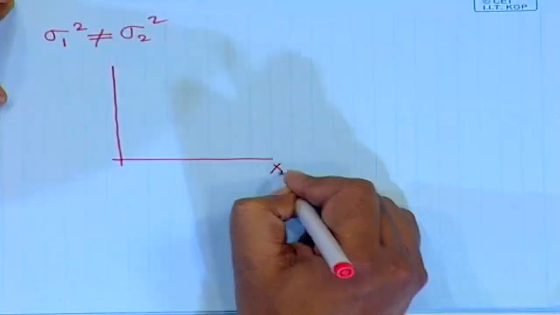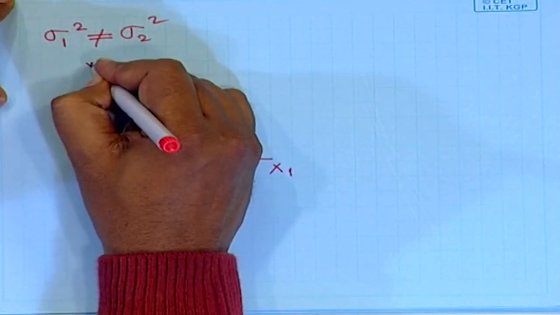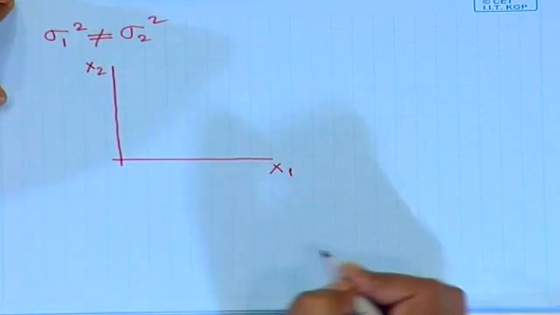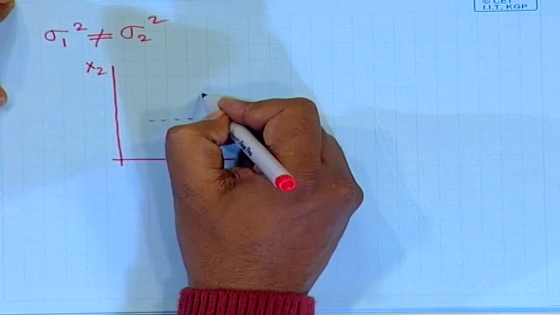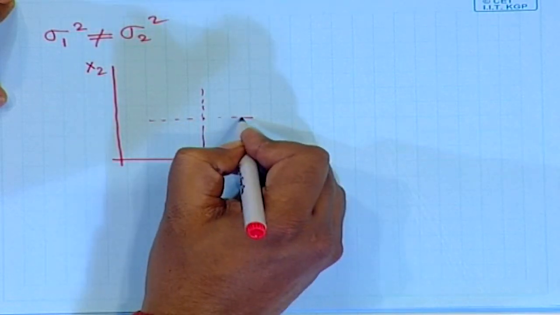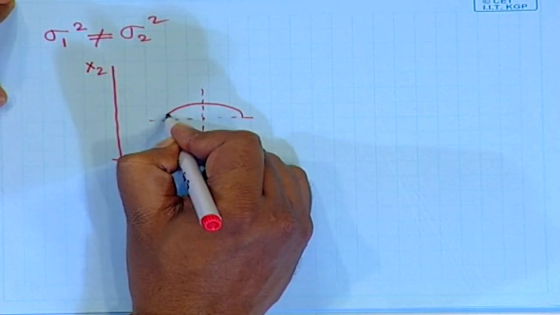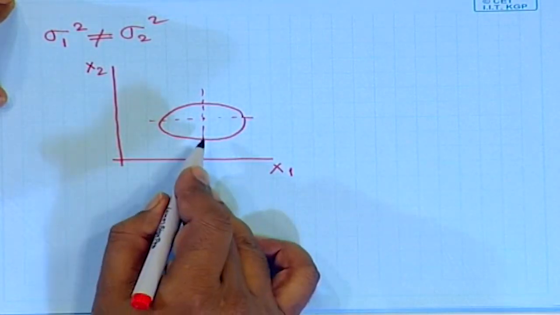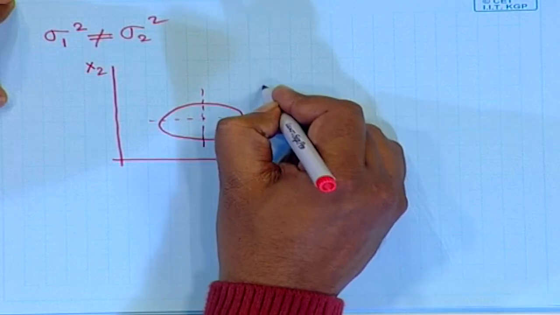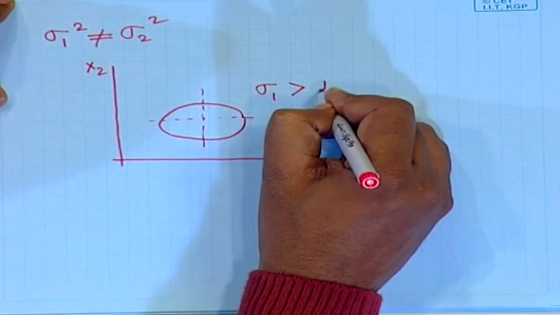Now, the loci of points of constant density will be ellipses. Okay. And how those ellipses will be formed? Something like this. So, this is a case when sigma 1 is greater than sigma 2.